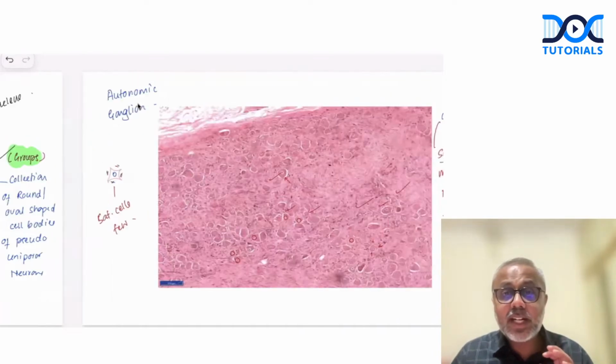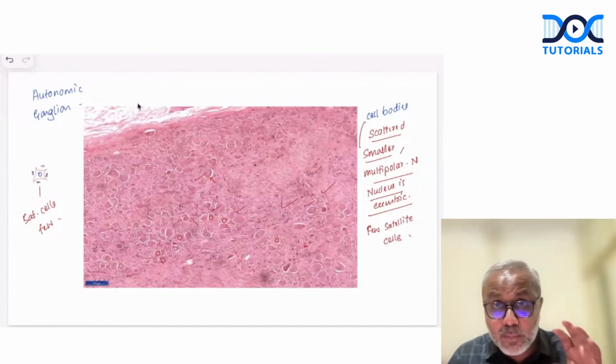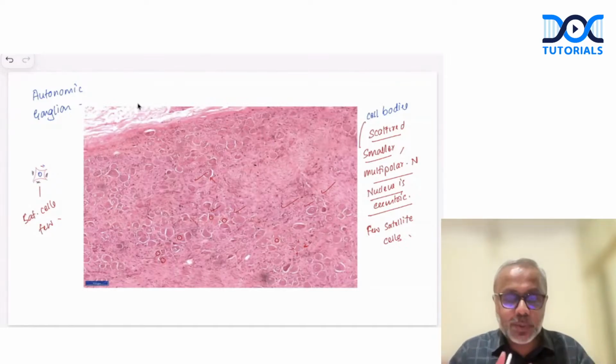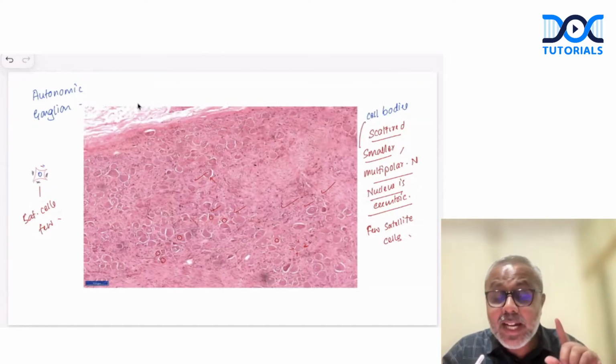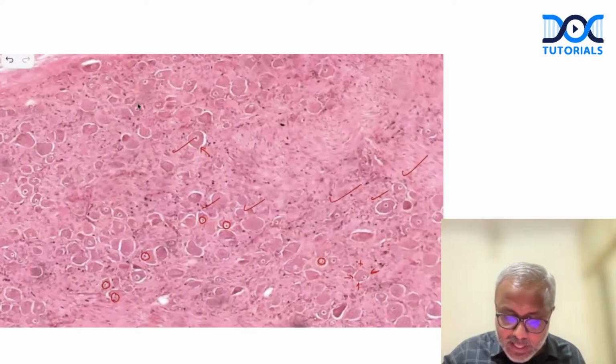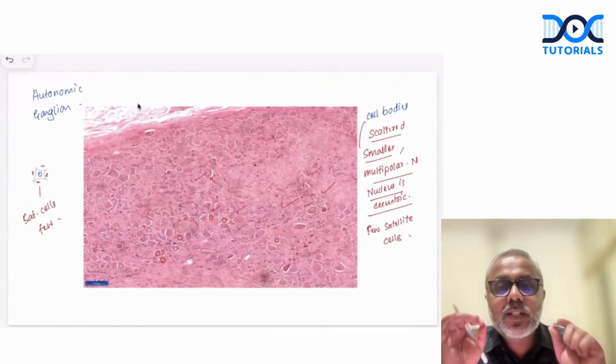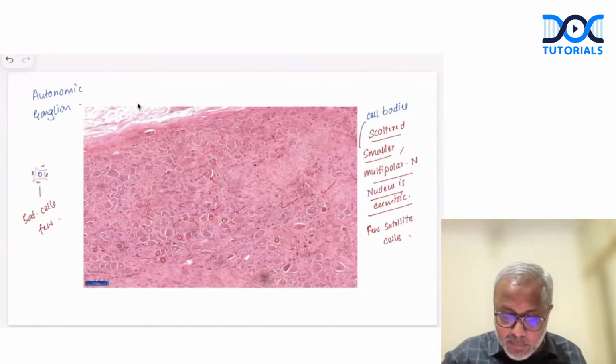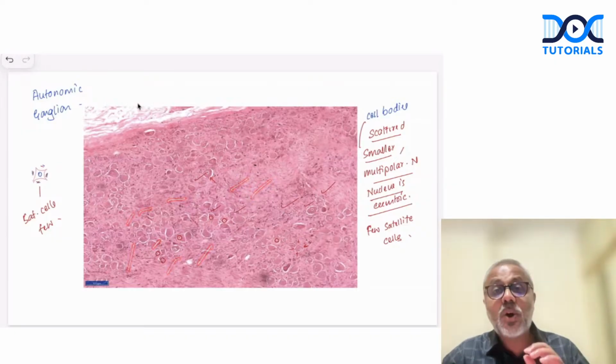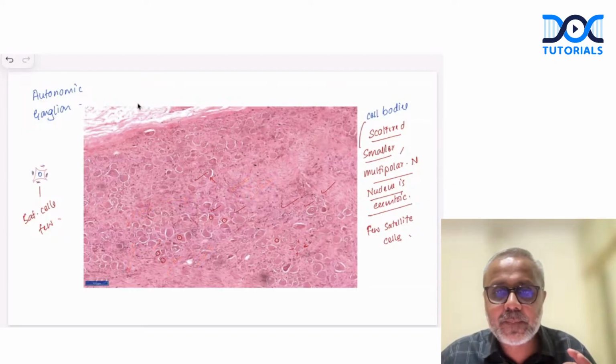Autonomic ganglion is identified by the presence of smaller polygonal neurons with spike-like projections, and these neurons typically have an eccentric nucleus, fewer satellite cells, and the cell bodies are separated by wide or large bundles of nerve fibers. Fine.